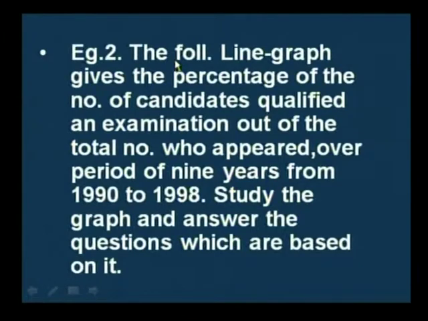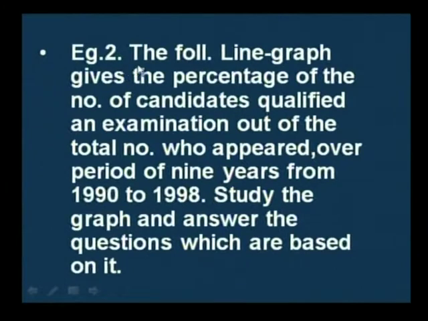The following line graph gives the percentage of the number of candidates qualified an examination out of the total number who appeared over the period of 9 years from 1990 to 1998. Study the graph and answer the questions which are based on it.